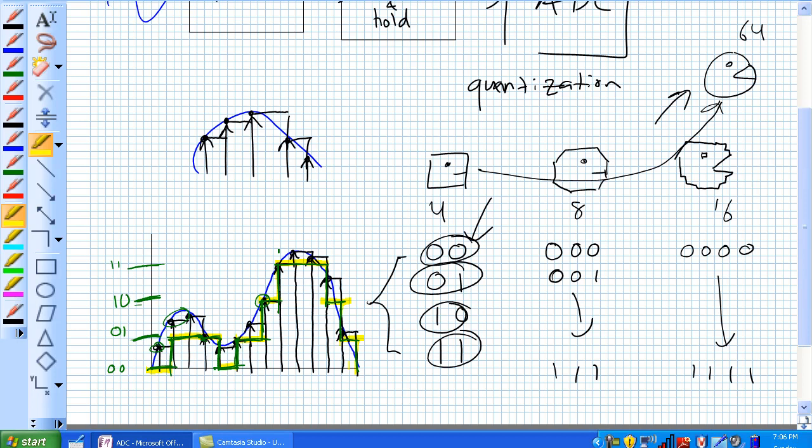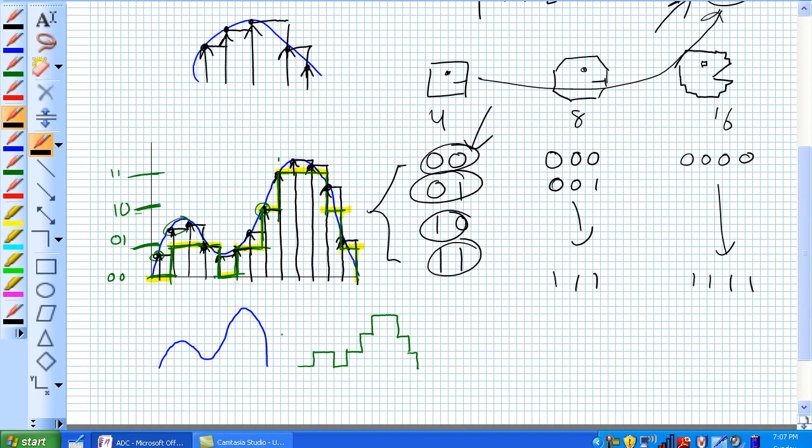Not exactly, though. And that's what I've drawn right there. It's just a little simplified version of it without it being all messed up. So that's our original analog, and here's our quantized digital version of it. Kind of the same, but not exactly.